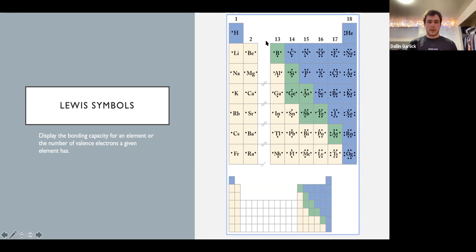If we know that, it will help a lot with making Lewis structures because we will use these to know how many valence electrons it has and in turn how many bonds.